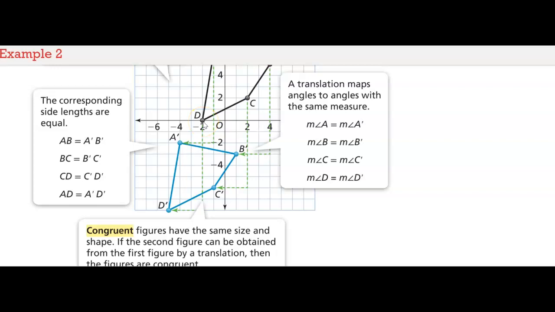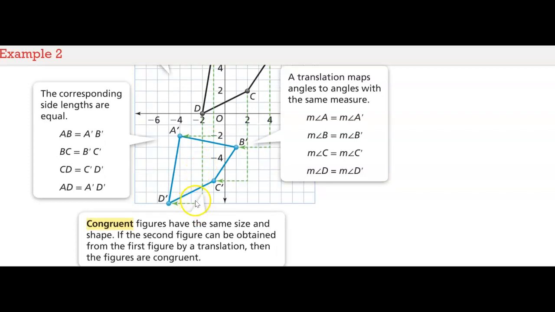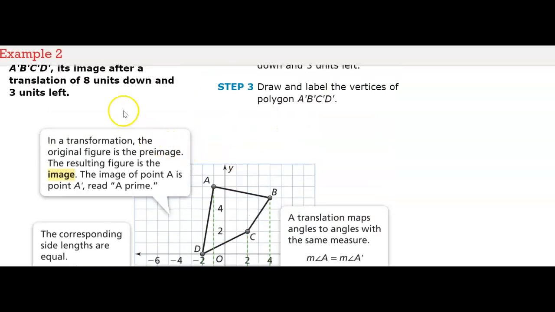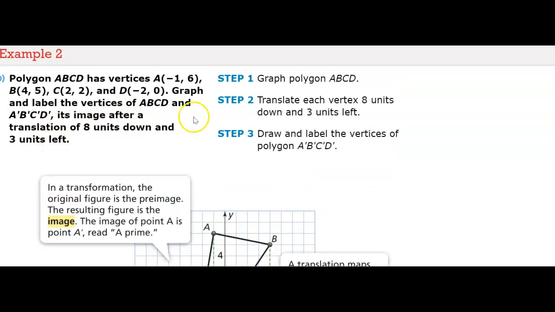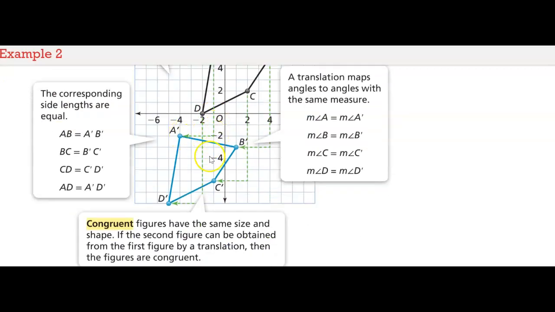So this is the bottom point. You move first, so you move it down 8 spaces. As you see, all of the arrows go down, and then it's said to the left. So then you see the arrow bends to the left and it counts over 3 spaces for each point.